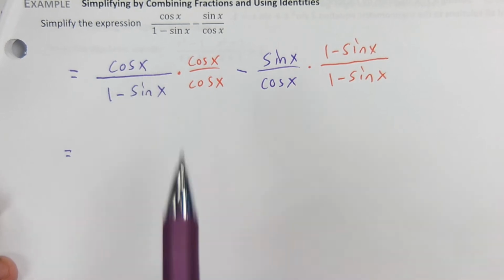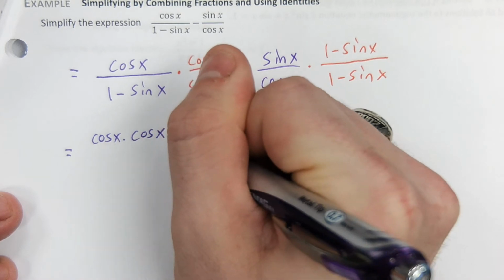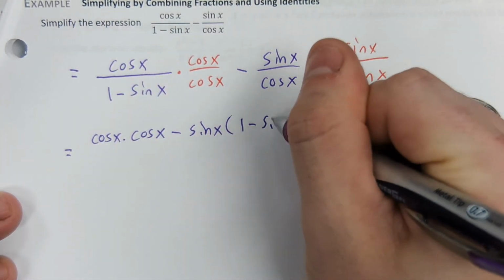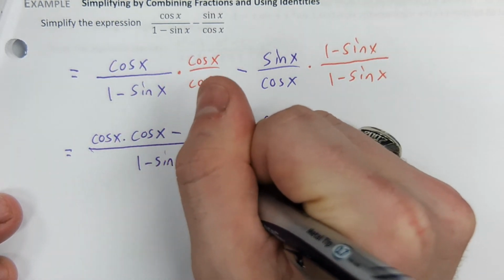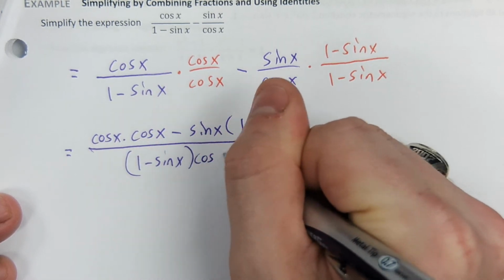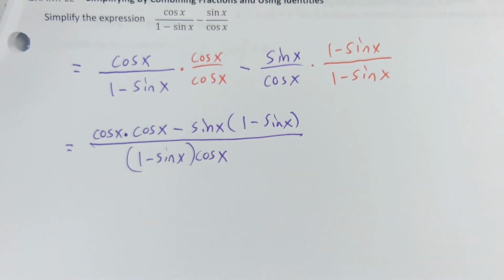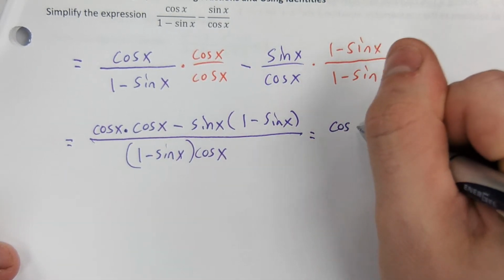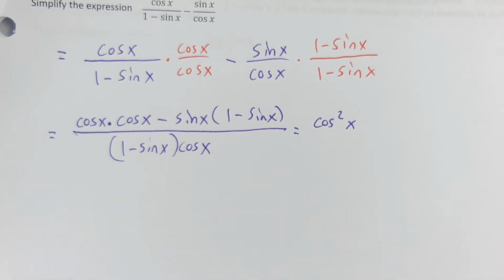Here, I have cosine x times cosine x. I'm just showing a lot of work. This is a multiplication dot. Cosine x times cosine x, that gives us cosine squared x. Here, I will need to distribute.